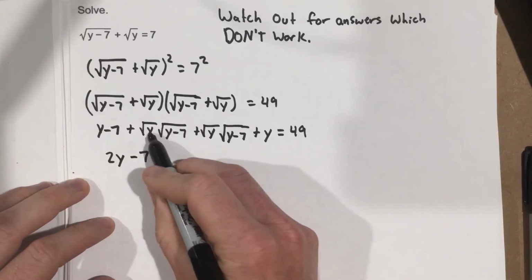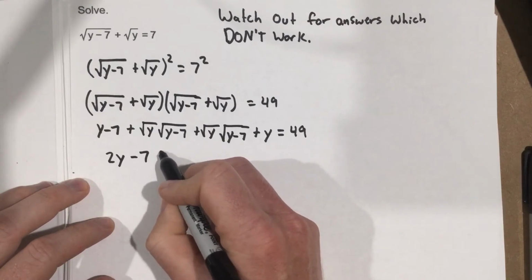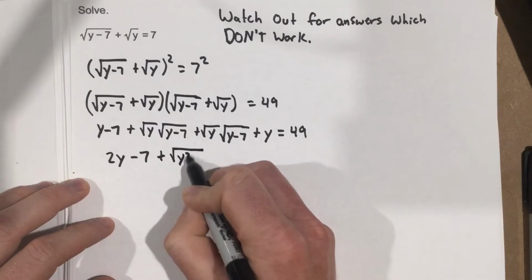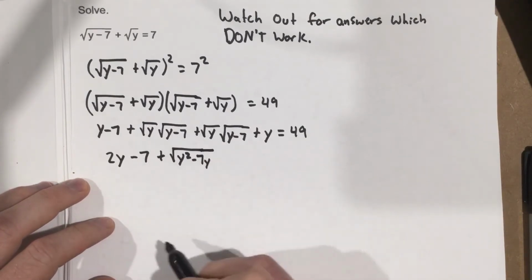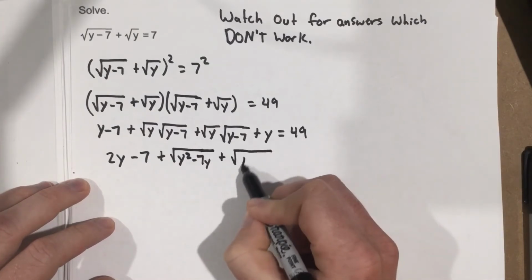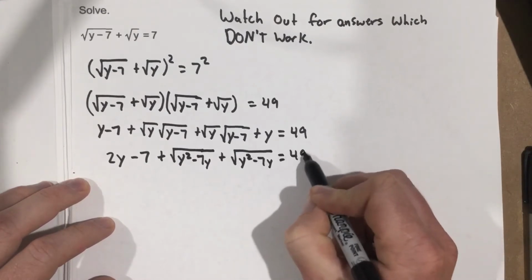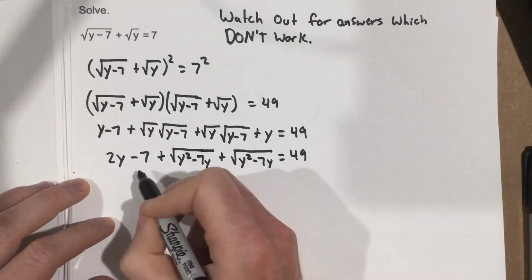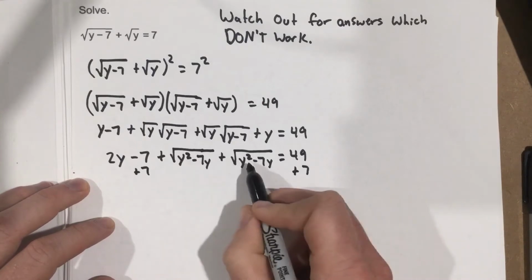When I multiply this in, remember I can multiply the radicals, and that'll give me plus radical y squared minus 7y when I multiply the y throughout, and then plus radical y squared minus 7y equals 49. Now I'm going to add the 7 to this side. As I do that, I'm going to combine these together.